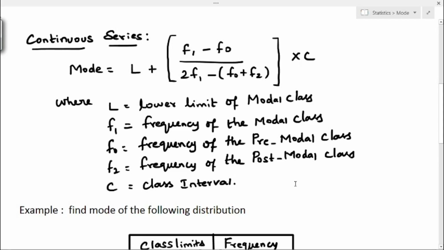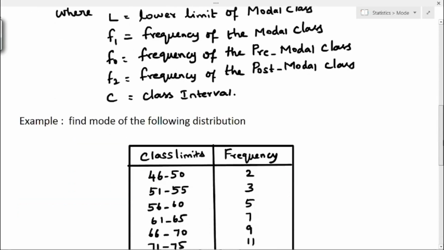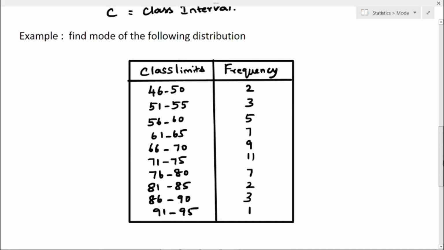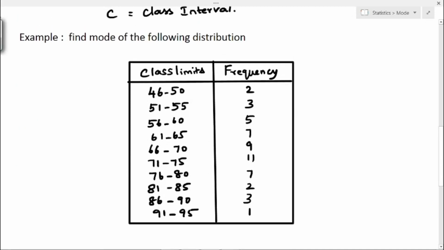In this example, we have to find the mode value, and the data are given in the form of a continuous series. That is, we have class intervals and frequencies. In the class intervals, we have 46 to 50, 51 to 55, 56 to 60, and so on till 91 to 95.